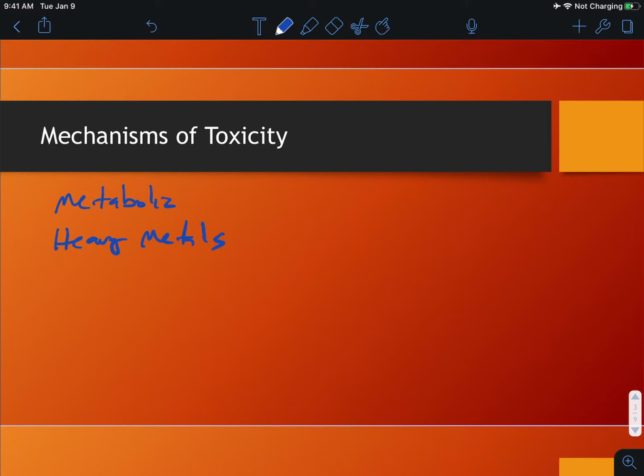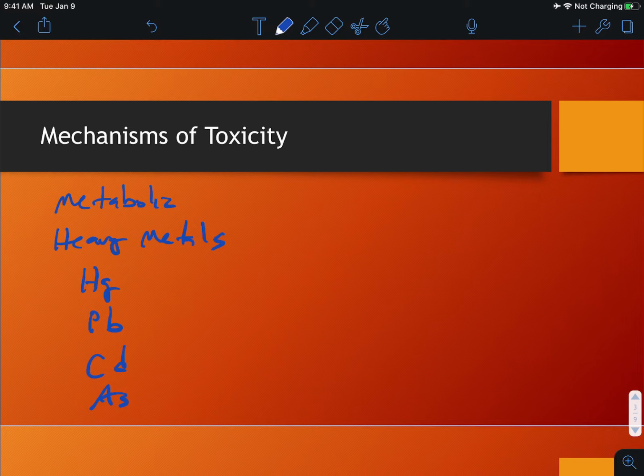Some of them are metalloids that are lower down in the periodic table, a little bit heavier than things like lithium and sodium. So some of the ones we see are mercury, lead, cadmium, and arsenic. Okay, so you can look at those on your periodic table and find them. Once again, mercury, lead, cadmium, and arsenic.